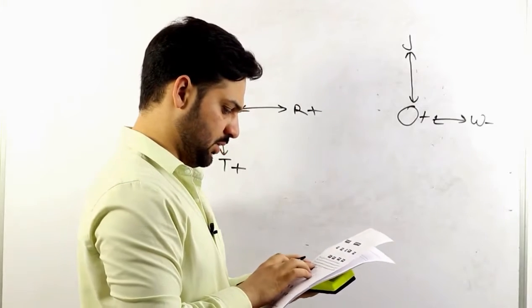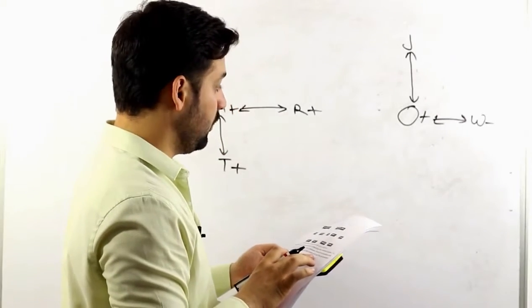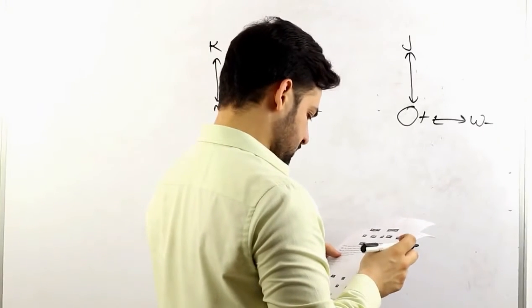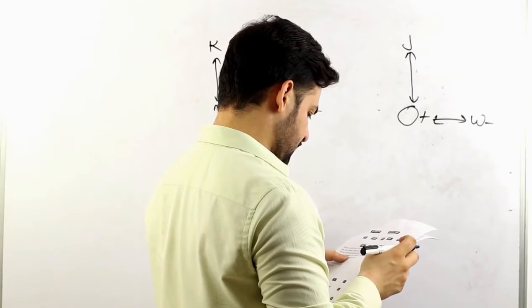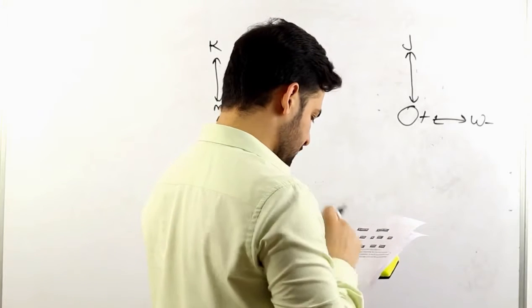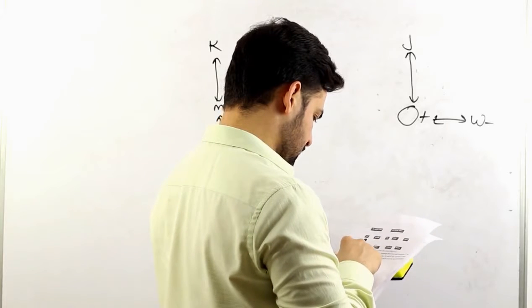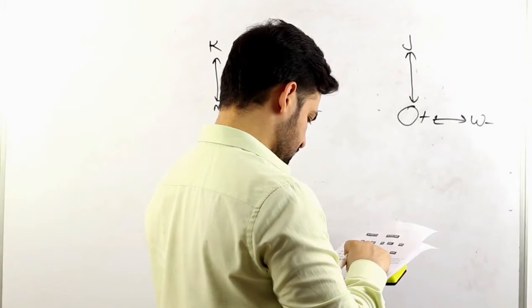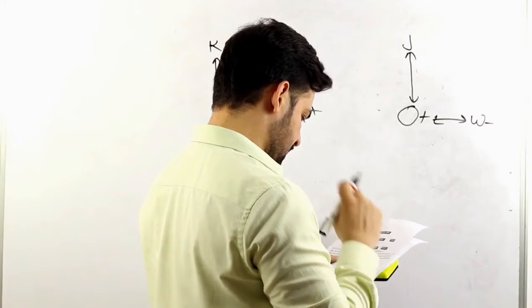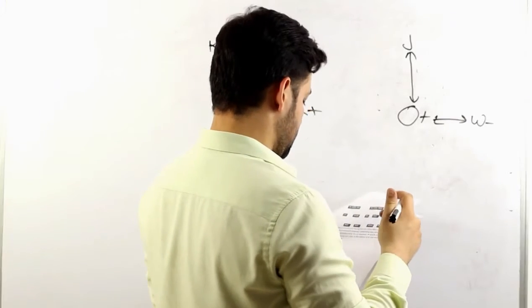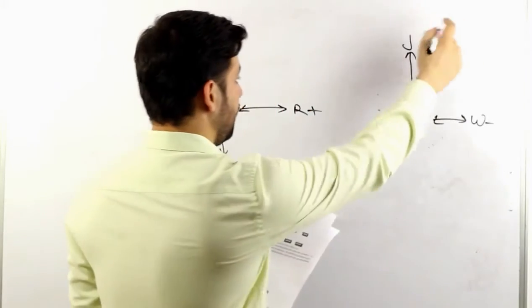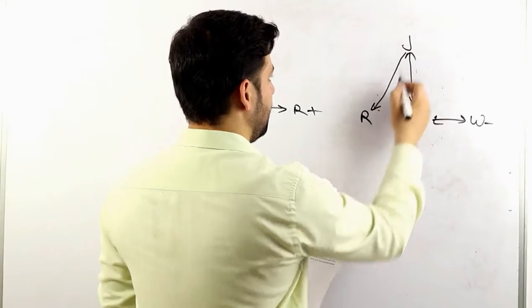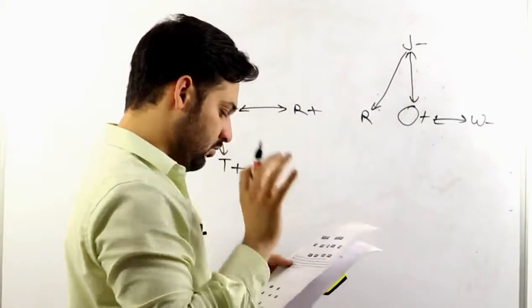W is a daughter-in-law of J, who is the mother of R. Who is the mother of R? J is a female. We got that.